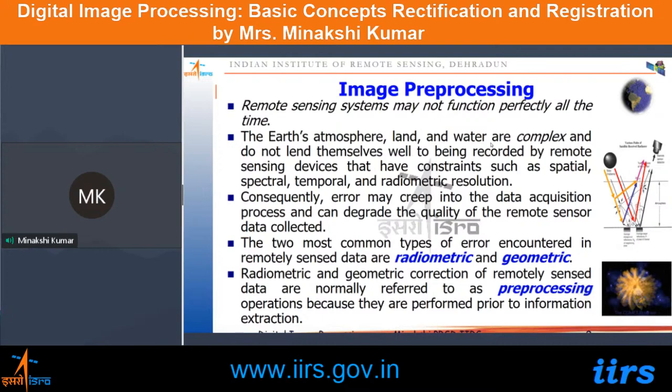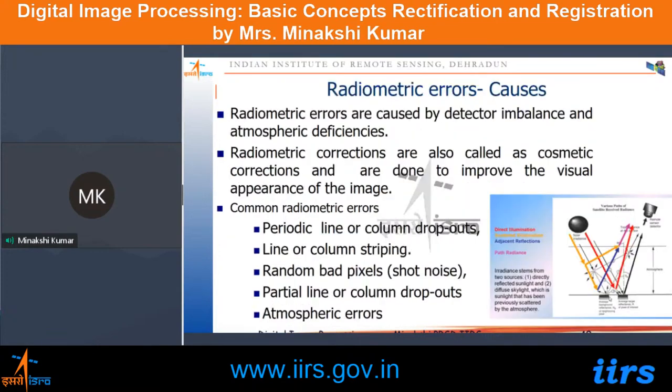Radiometry, as you understand from radiometric resolution, is the quantization level, or in simple words, the DN value, the value reflected by the pixel under consideration and recorded by the sensor. So when the DN value is distorted, it is radiometric error.